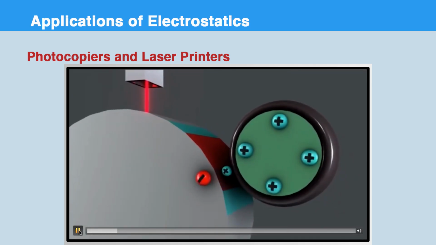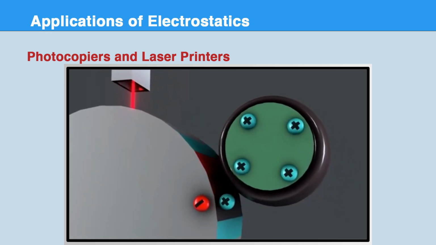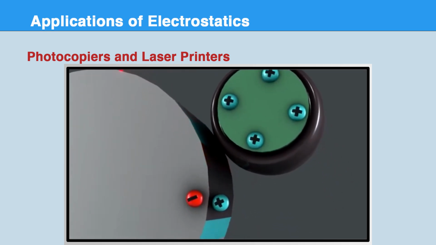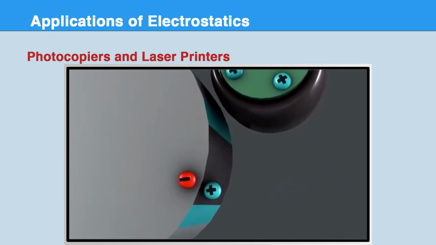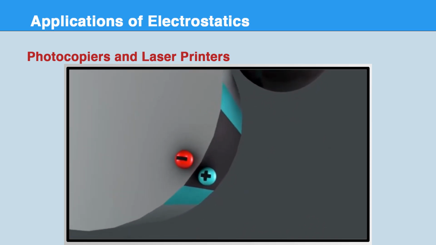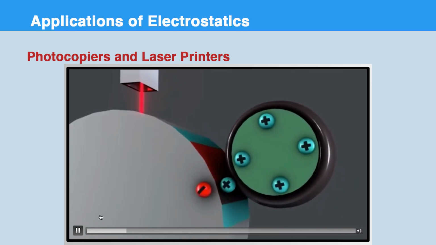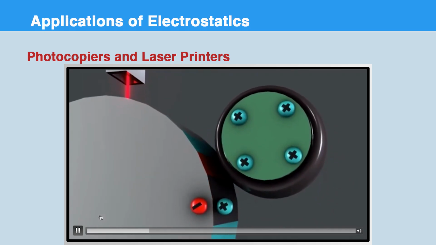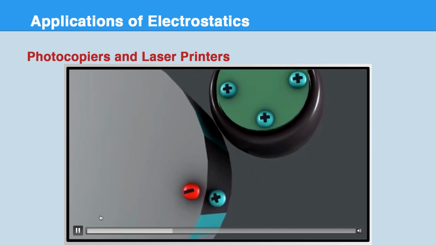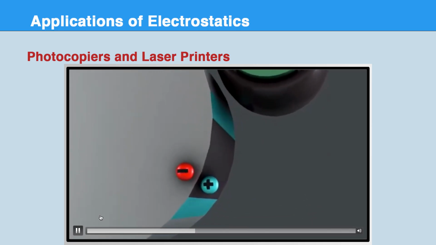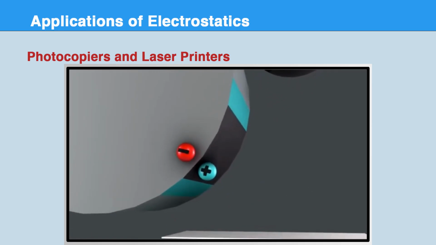Then the developing process. Negatively charged toner particles are attracted to the positively charged areas on the drum, which correspond to the image or text. The toner sticks to this area, forming a visible image on the drum.